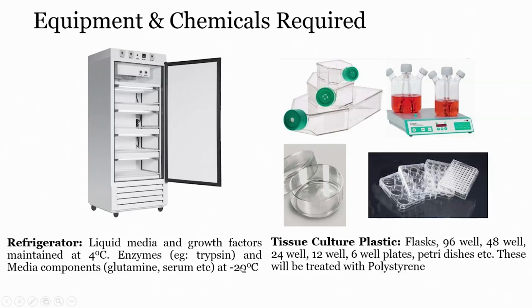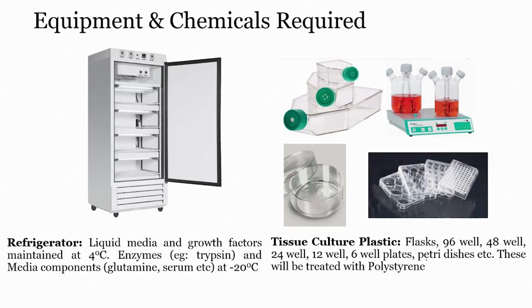Now, tissue culture plastics are flasks, 96 well plate, you can see here this is a 96 well plate, 48 well plate, 24 well plate, 12 well plate, 6 well plate. You can see 6 well, 12 well, 24, this is 96.